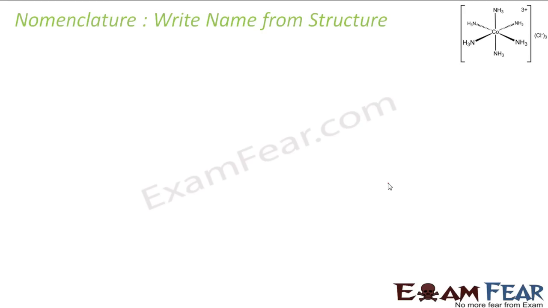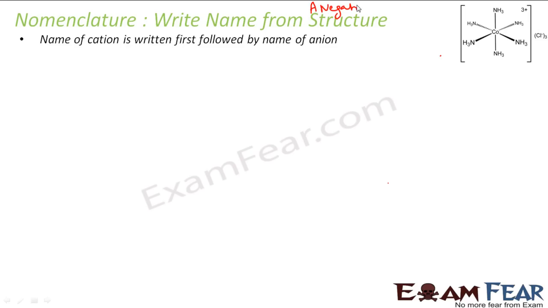Let's assume that the structure is given to us. On the top, what you see is the structure, and we have to write the name. The first thing you have to do is find which part is the cation and which part is the anion. In this case, this has the plus charge, and this has a negative charge. We know that an anion is a negative ion.